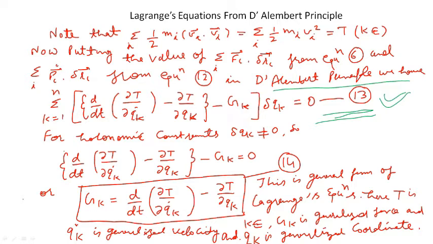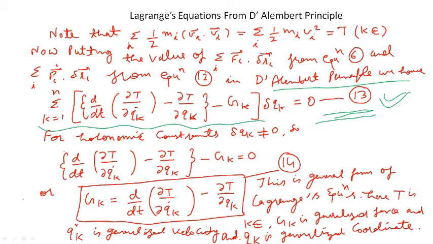Now for holonomic constraints, you know δqk is not equal to 0, so δqk cannot be 0. That means this term will be 0. So when we put this term equal to 0, then we find Gk is equal to d/dt of ∂T/∂qk dot minus ∂T/∂qk.